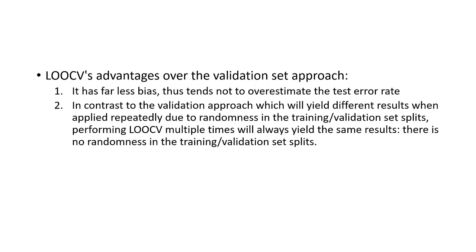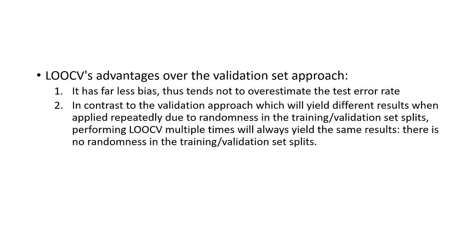Okay, so what is the advantage of the LOOCV over the validation set approach? LOOCV has far less bias, thus it tends not to overestimate the test error rate. Why is it less biased? You leave out one observation each time, and you leave out each of the observations that you have, instead of dividing into 30% here and 70% there, where if you change the sample, the number of observations, or the components, you get different results.